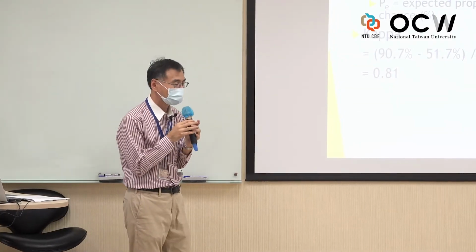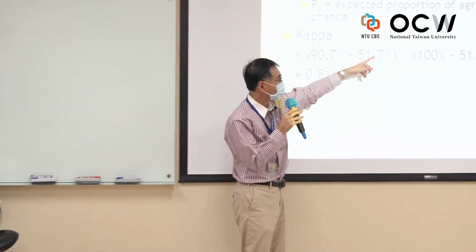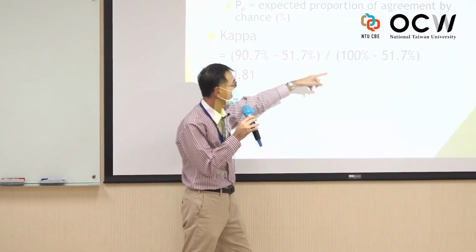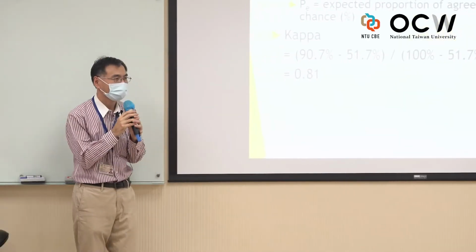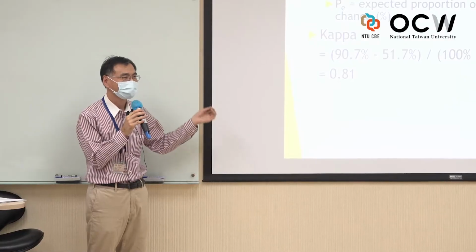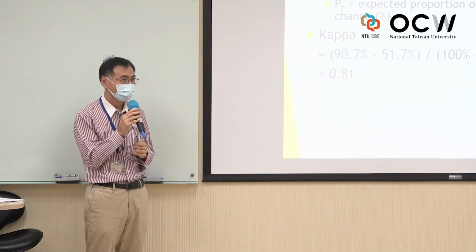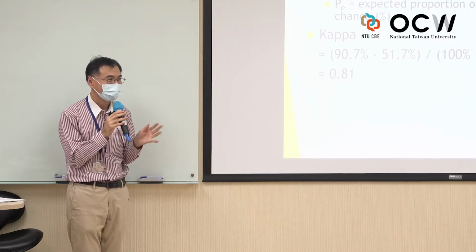It makes more sense because it gets rid of the consistency that happened by chance. So this is the best indicator of consistency in epidemiology, to evaluate a screening tool for consistency.